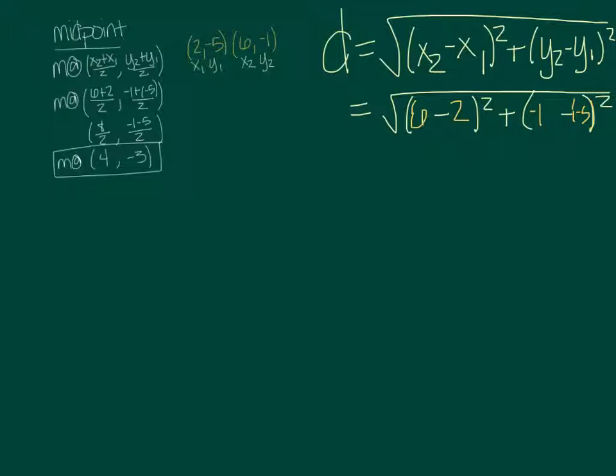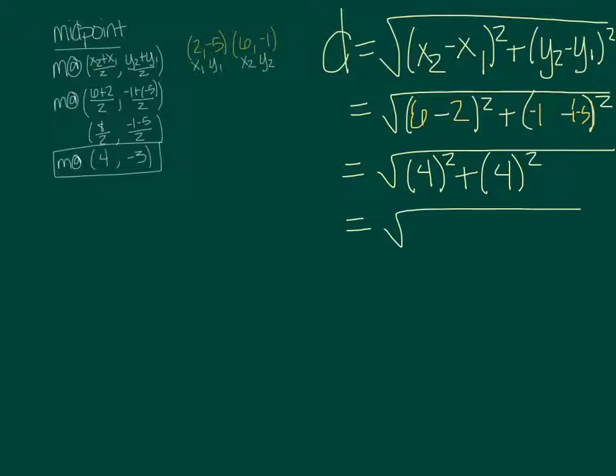Sorry, I didn't give myself any space there. We'll clean that up real quick. So we would have 6 minus 2, which is 4. We'll square that. And -1 minus a -5 is -1 plus 5, which gives us a positive 4. And we'll square that as well. 4 times 4 is 16. 4 times 4 is 16.